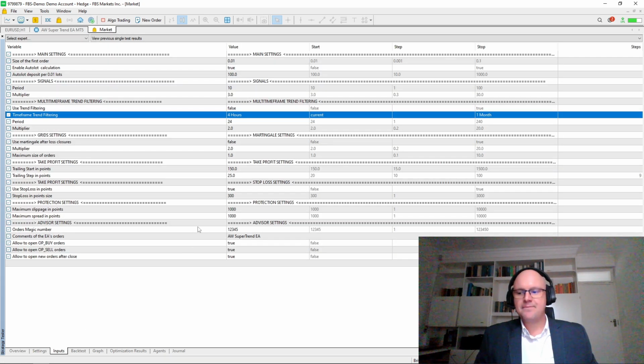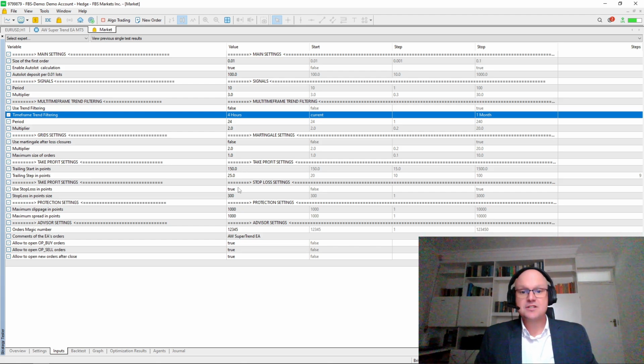The AW Supertrend does offer a multi-time frame filter and gives you the option of either using martingale or trading without. For both of the tests today, I will not be using the martingale function, and will use a simple stop loss and take profit with a trailing stop function.